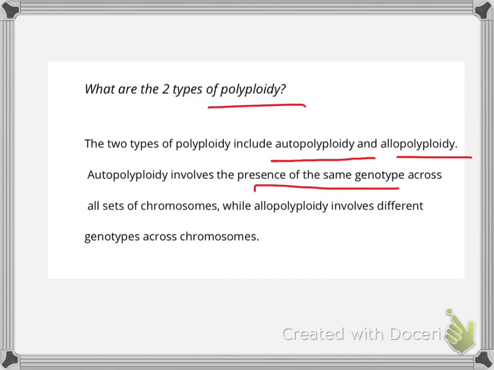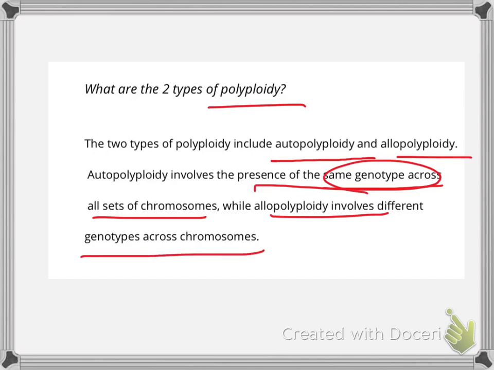Autopolyploidy involves the presence of the same genotype across all sets of chromosomes, while allopolyploidy involves different genotypes across the chromosomes. So the genotypes will be the same in autopolyploidy, but in allopolyploidy, they differ across the chromosomes.